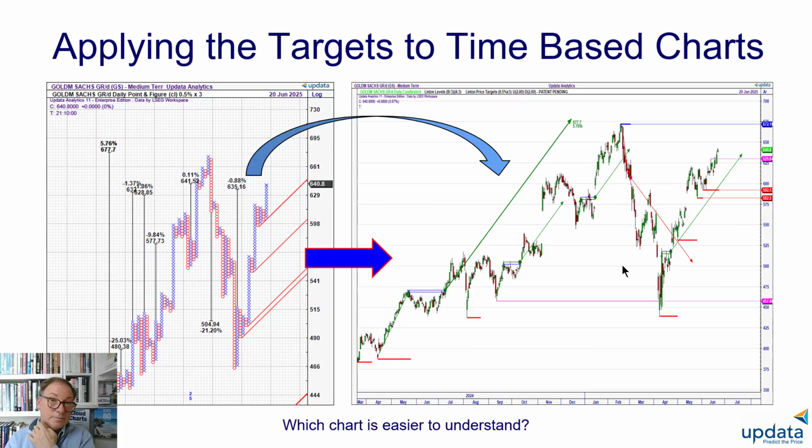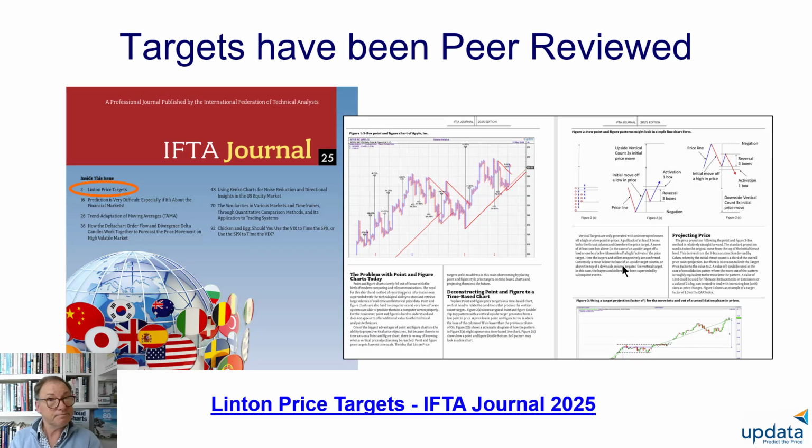So that's it really. The targets have been peer reviewed in the International Federation of Technical Analysis Journal 2025. So you can go to the IFTA website, and if you look up journal, you'll be able to download this and read the paper that was peer reviewed there.